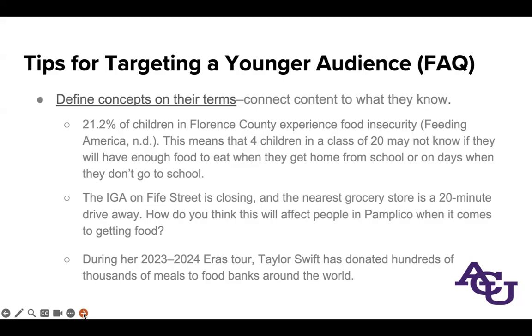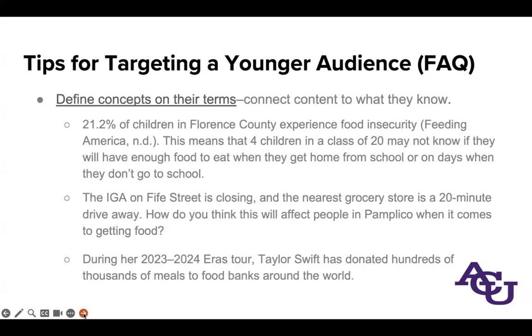So while you don't need to apply full APA format in your FAQ, because that could be a little bit overwhelming to 5th and 6th graders, if you have a statistic from an organization that you can easily name, like Feeding America, the United Nations, UNICEF, it's quite possible they've heard of these organizations and you could name them as the source for a specific statistic in your FAQ in a very simple, straightforward way.